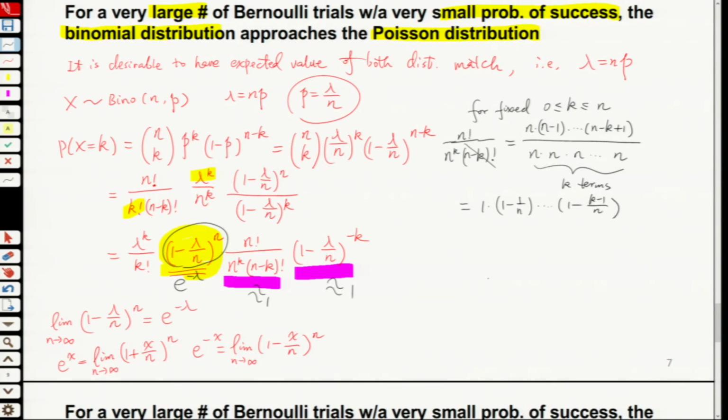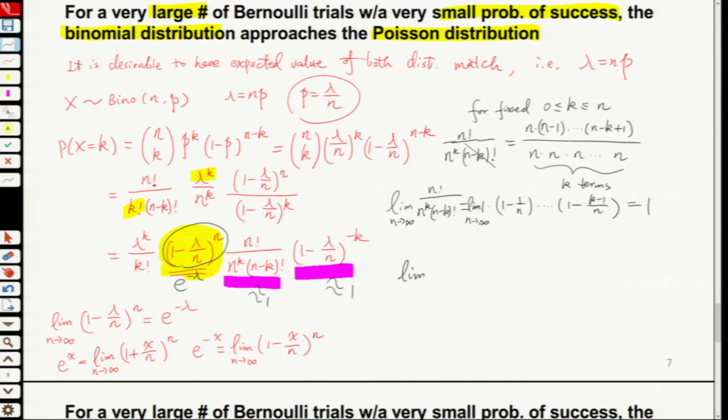So in this way, if n is really big, taking the limit as n goes to infinity, n factorial divided by n^k (n minus k) factorial directly equals 1. So this part equals 1.